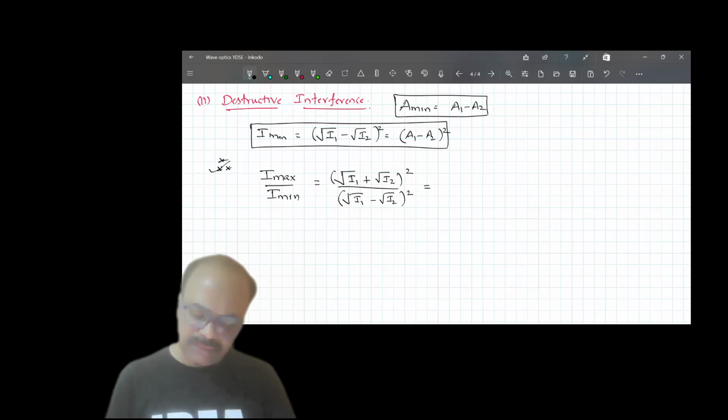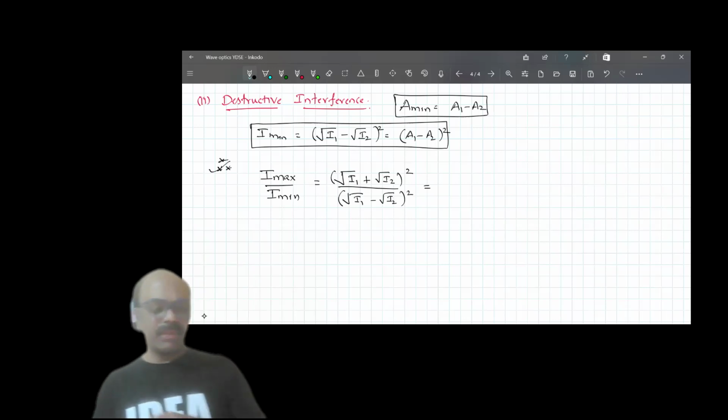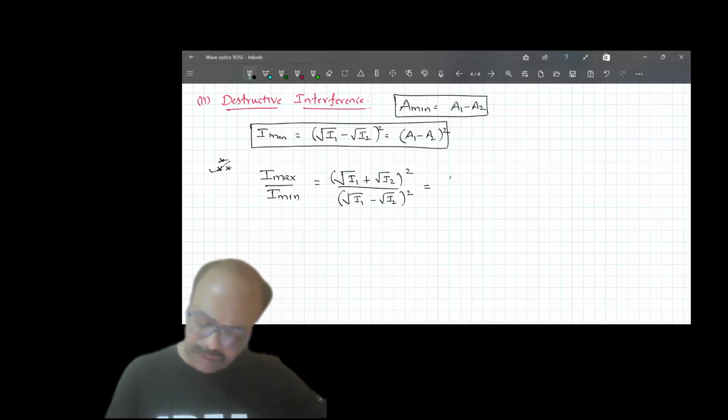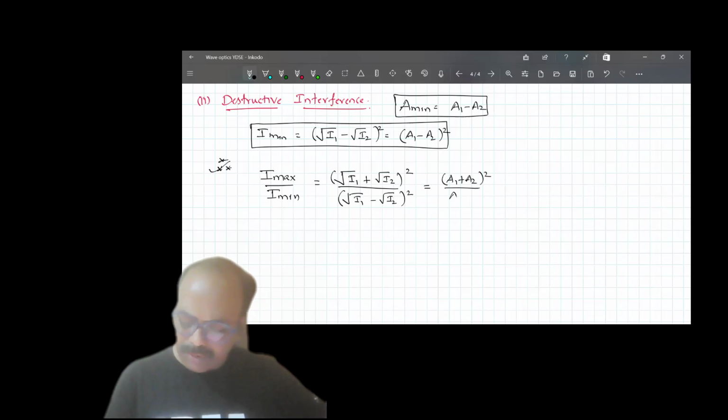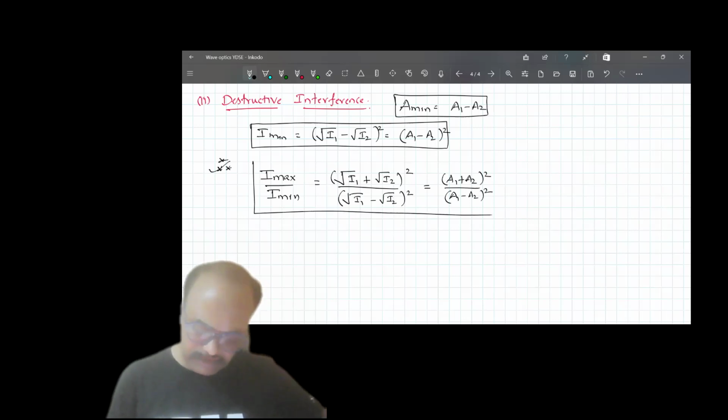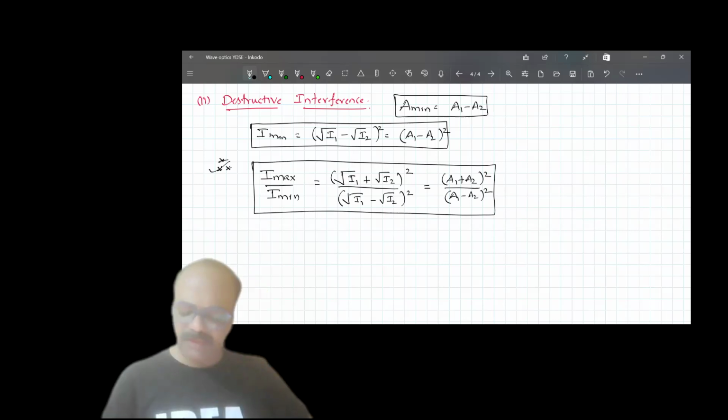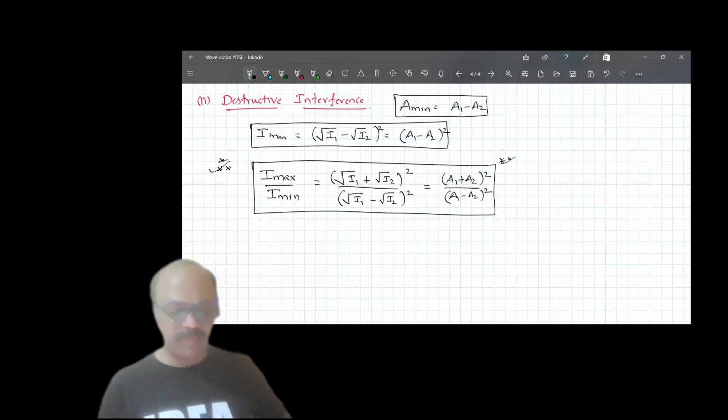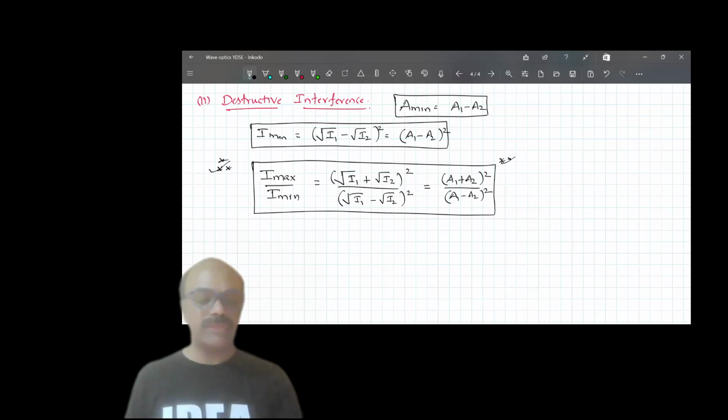If they give intensities, we can use this formula. If they give amplitudes, we can write A1 plus A2 whole square by A1 minus A2 whole square. This is a very, very important formula. They can ask so many problems.